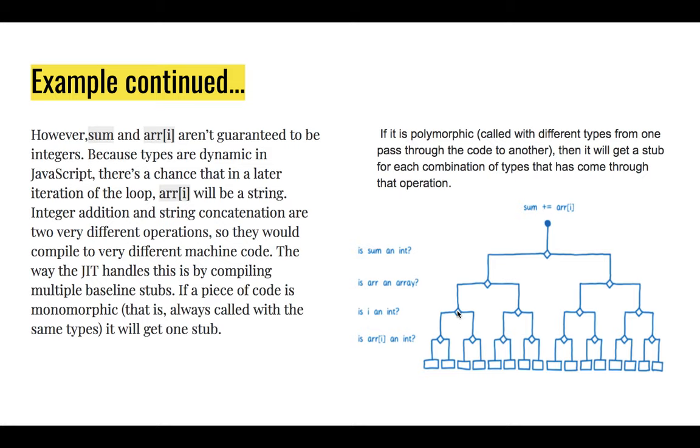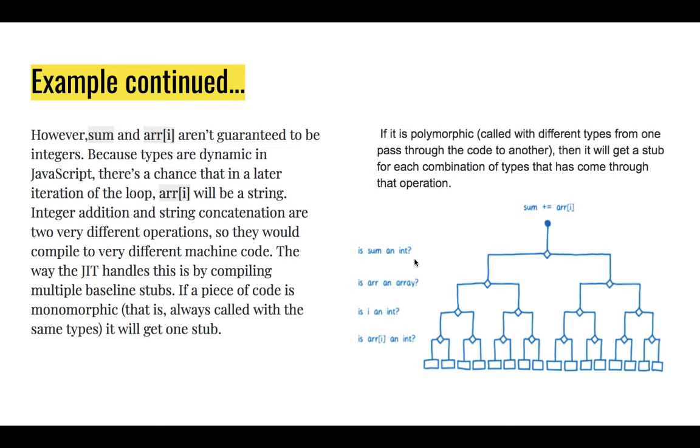Is I an integer? I is an integer. Okay. Is ARR I, the ith index of the ARR array, an integer? Okay, it's an integer. And if these were all true, it created a stub, this one.